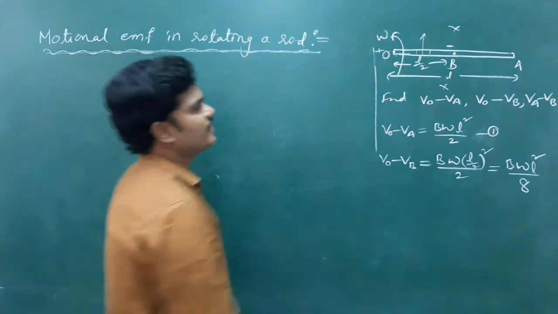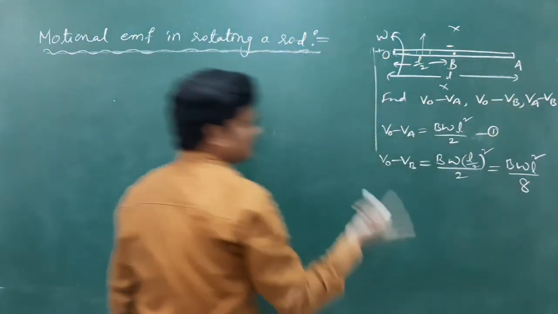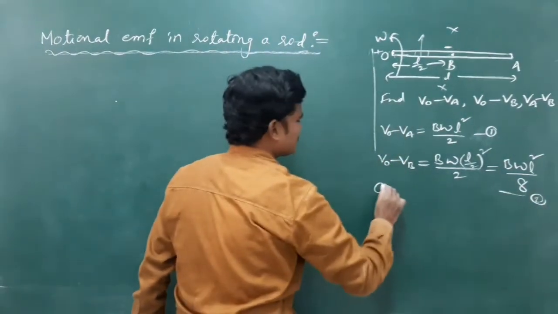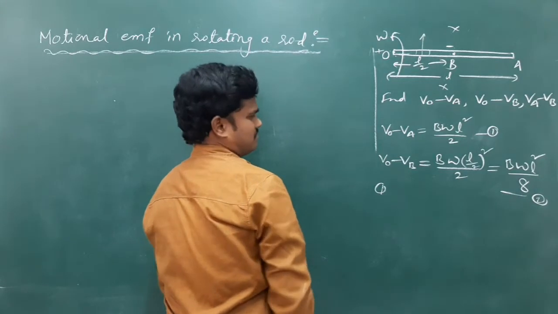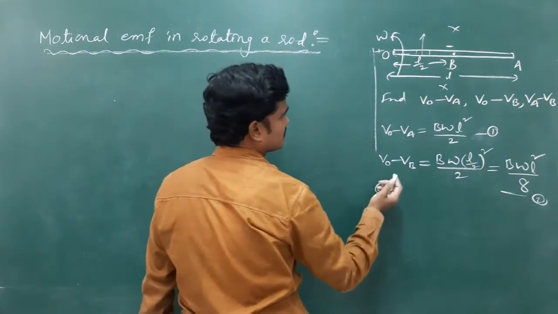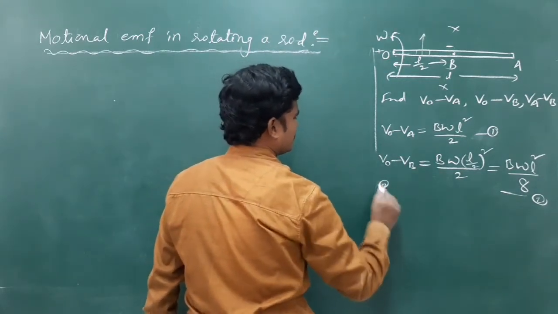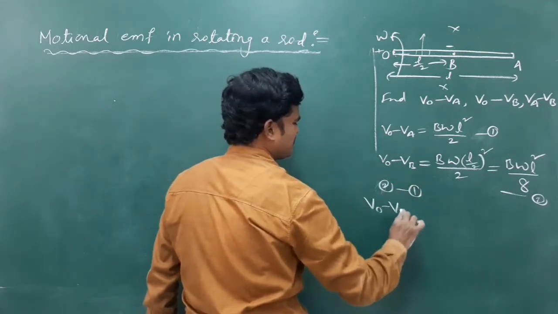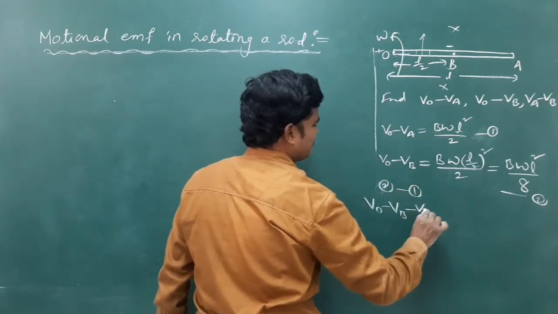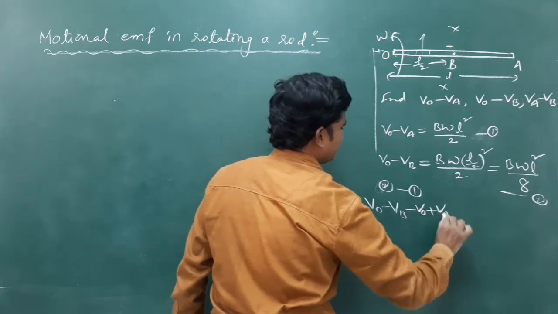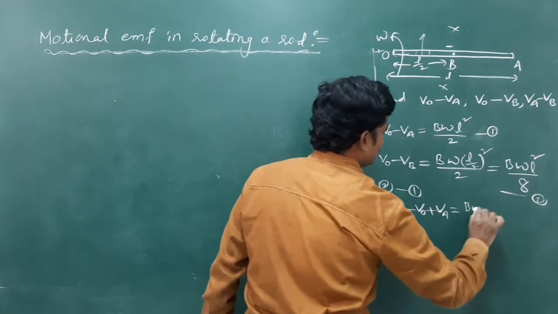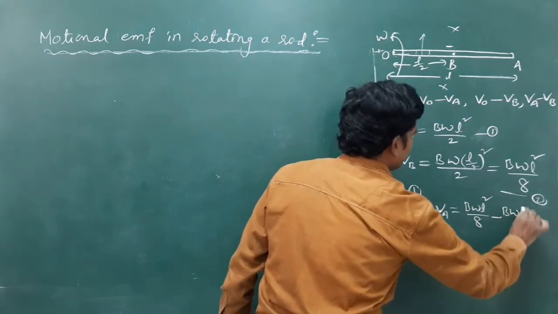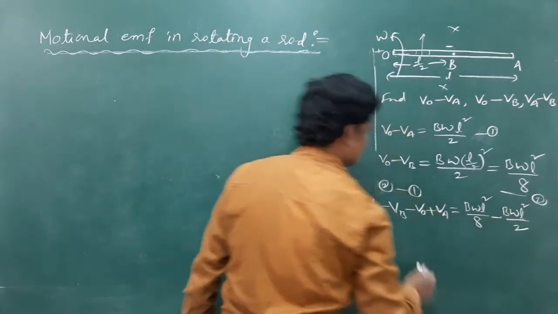Now we can find VA VB or VB VA. Take this one, equation 2, subtract 1 and 2, or 2 and 1. What is 2? VO minus VB minus VO plus VA, and this is B omega L square by 8 minus B omega L square by 2.